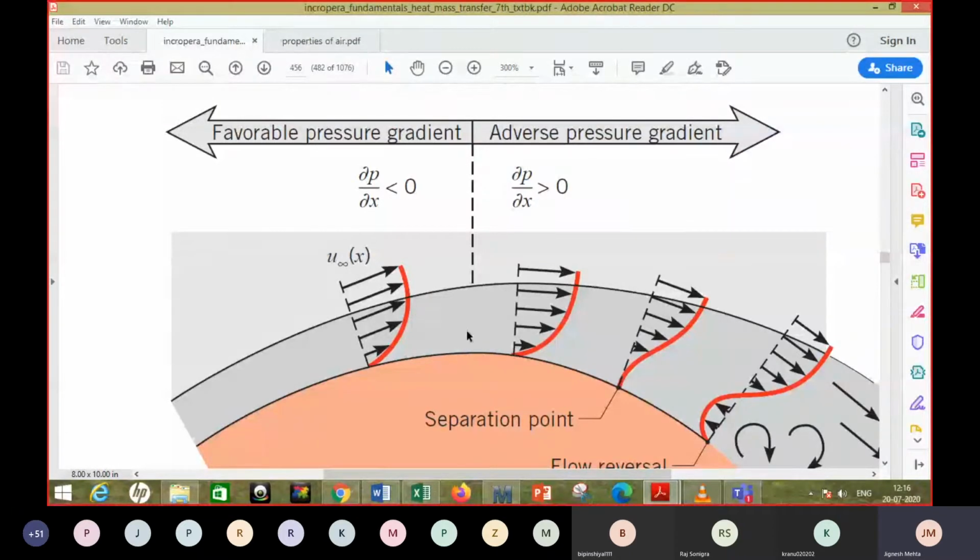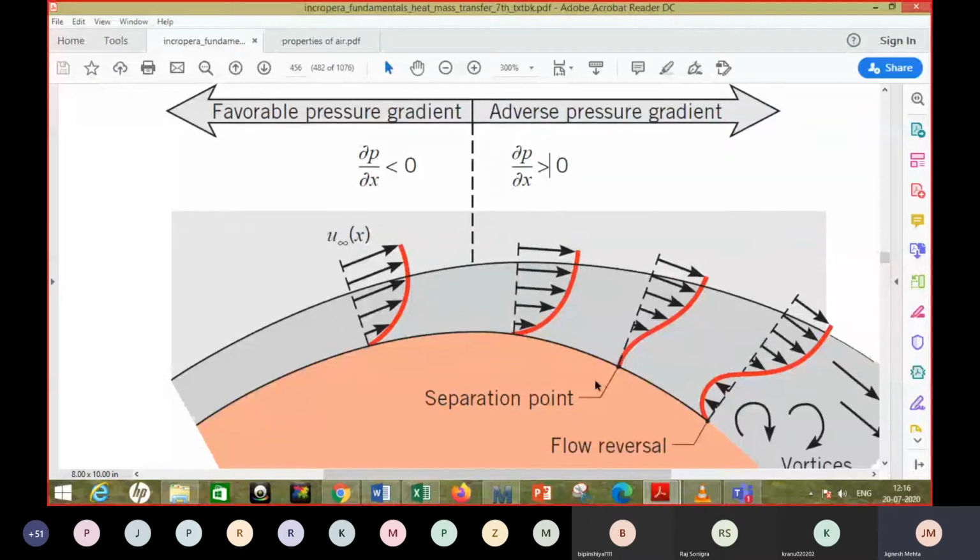Now beyond a certain point, this dP by dx at some point will be 0 and then it will start becoming positive. Somewhere here you could see the change in this du by dx, right? If you draw a line here, there is a particular value, but here in a way you can say it has infinite value.